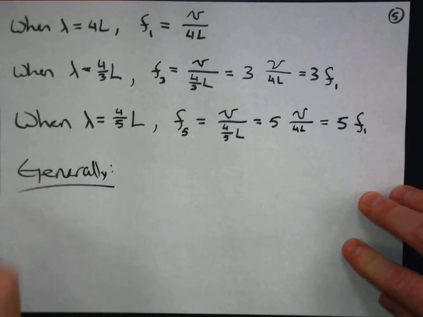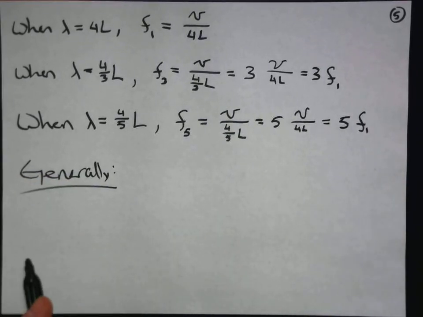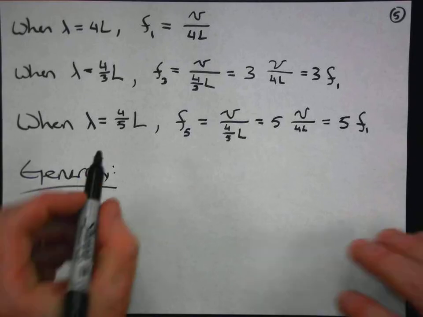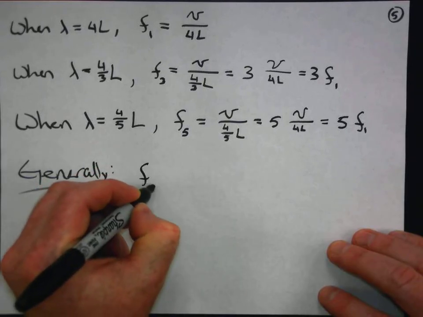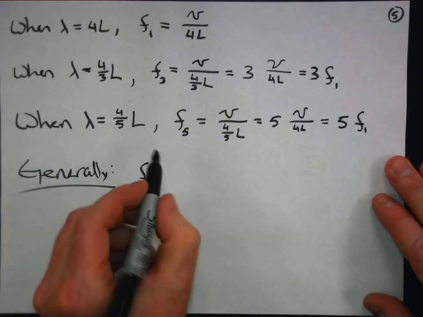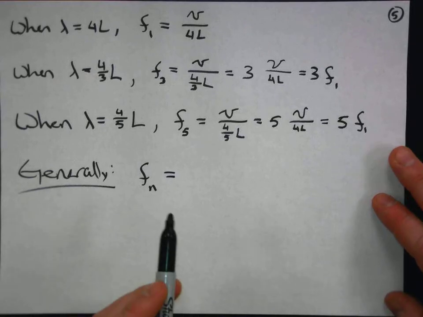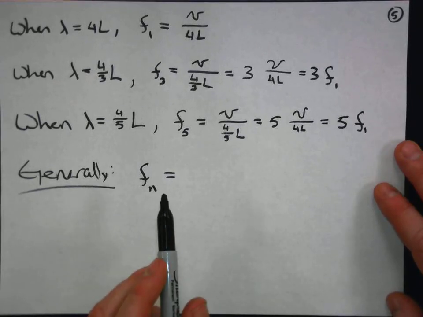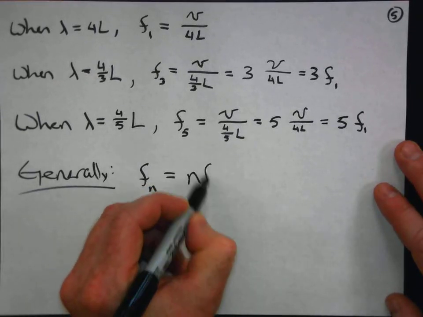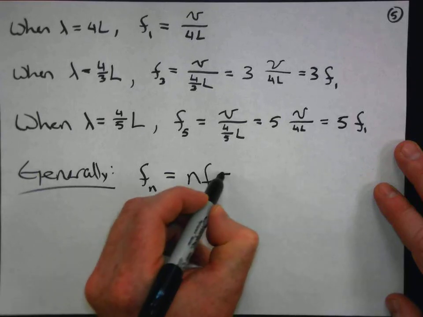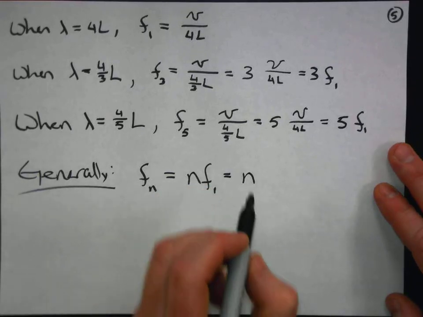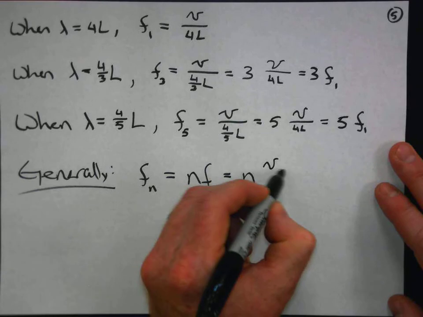Let's make a general statement here. Generally, any harmonic of a column of air is equal to n times the fundamental frequency, which essentially is n times V over 4L.